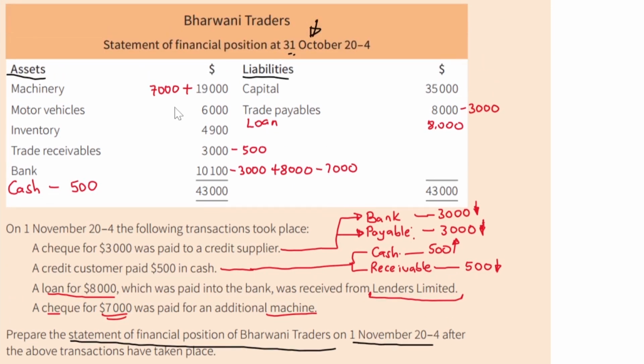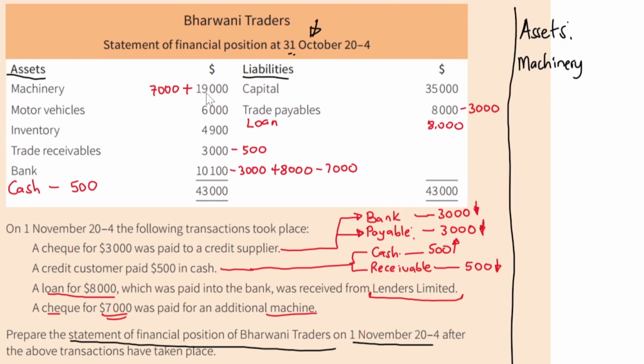So we will simply go and say, let me do it here. It is 19,000 plus the 7,000. What do we have? We have 26,000. Then we have the motor vehicles. They were not affected by those transactions. It remains as 6,000. Then we had the inventory, 4,900.